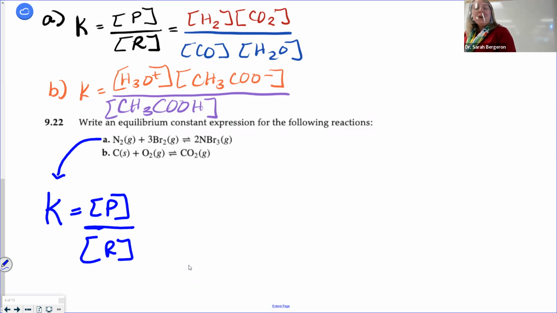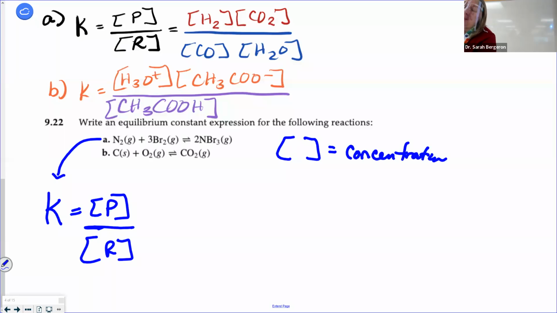And so when I wrote this, I wrote these brackets. What do the brackets mean? What does a bracket mean? Concentration. Because whether I had this tiny, tiny vessel that had my reaction going, or I had the whole classroom, the concentration ratio should be the same.